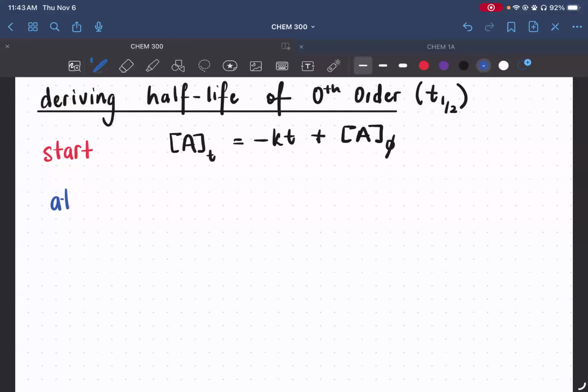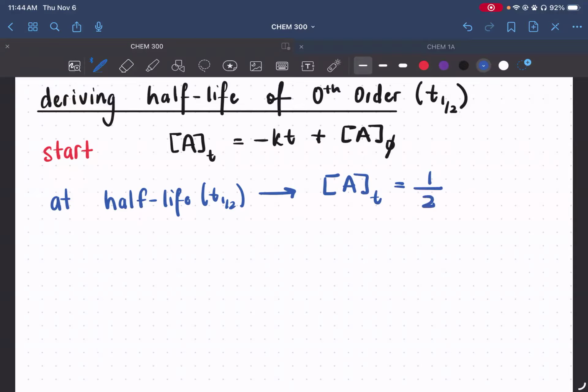We can say that at the half-life point, the concentration of A_t is equal to half A naught. Where does that logic come from?